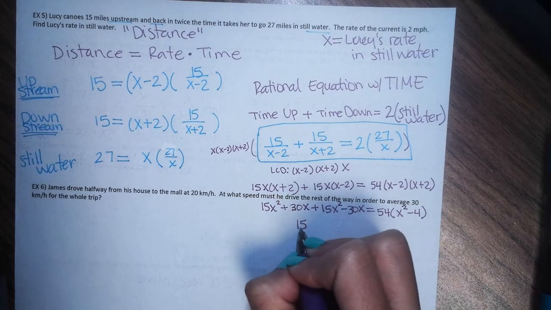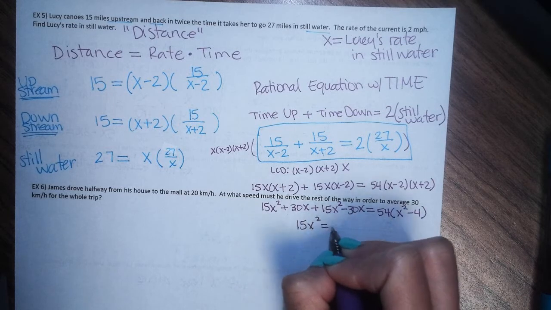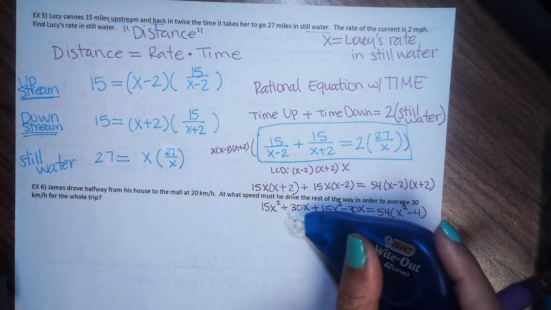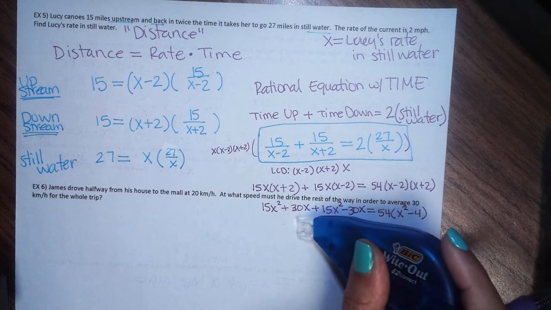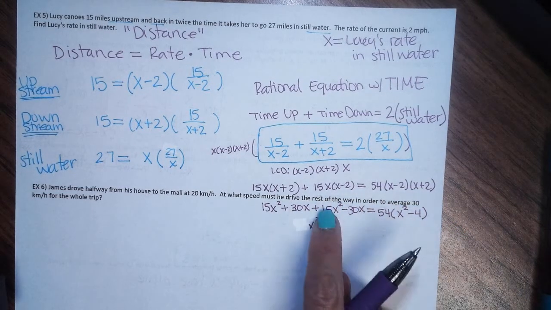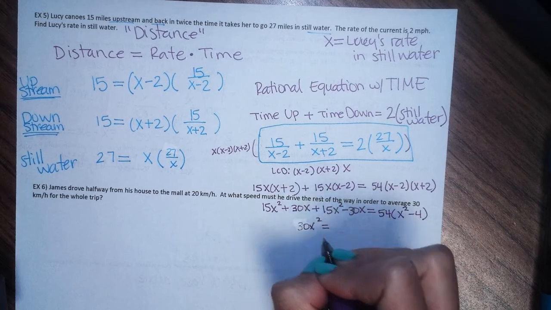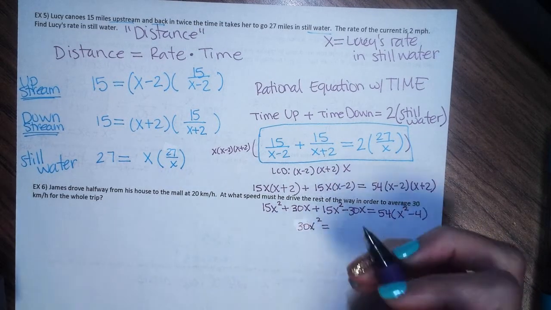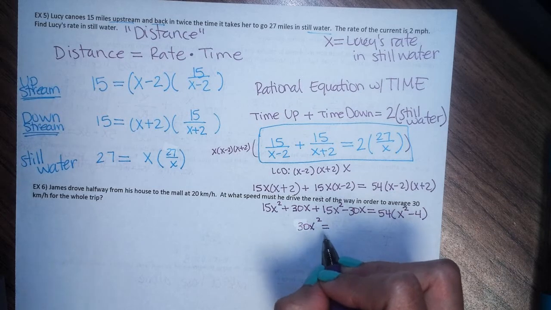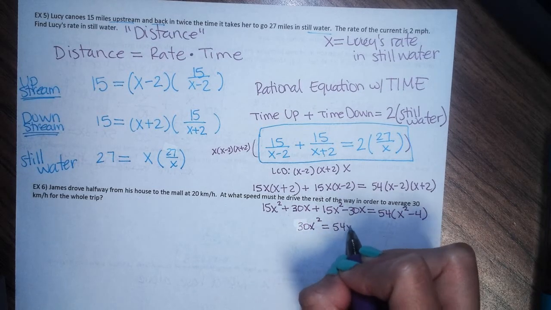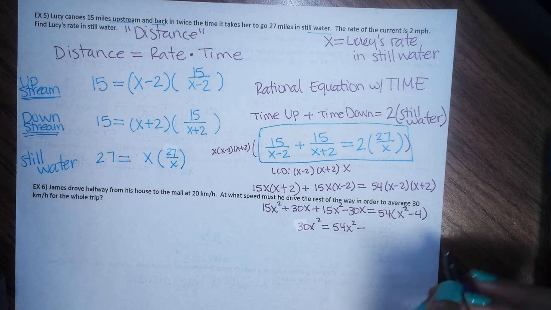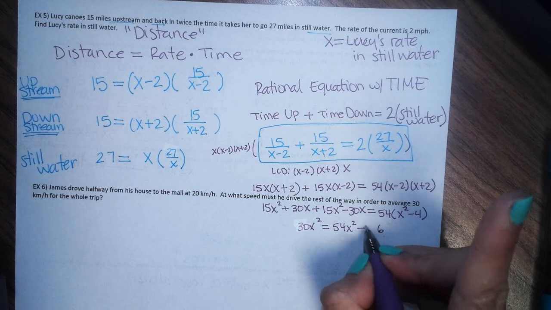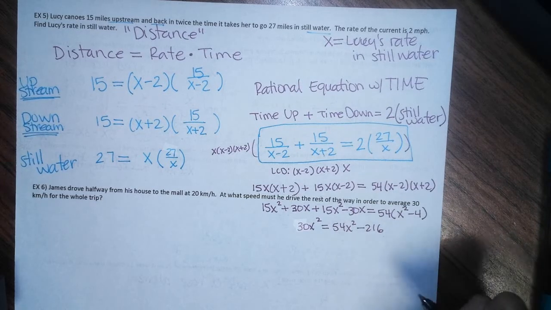This is 15x squared equals, nope, it's not 15x squared, 30x squared equals, since 15 plus 15 is 30. The 30x minus the 30x cancel. So I got 30x squared equals 54x squared minus 54 times 4, which is 216.